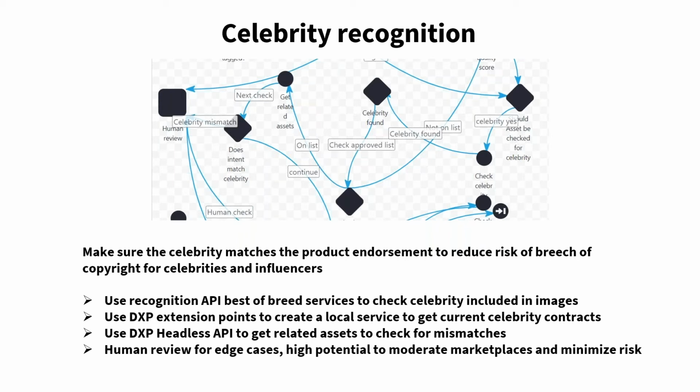You then use Liferay's integration capabilities to create a service that will pull that information into the workflow and allow you to check that service against the celebrities which are included within the assets. And then for edge cases where you're thinking this doll really doesn't look like Britney Spears, you're going to send that off for human review.